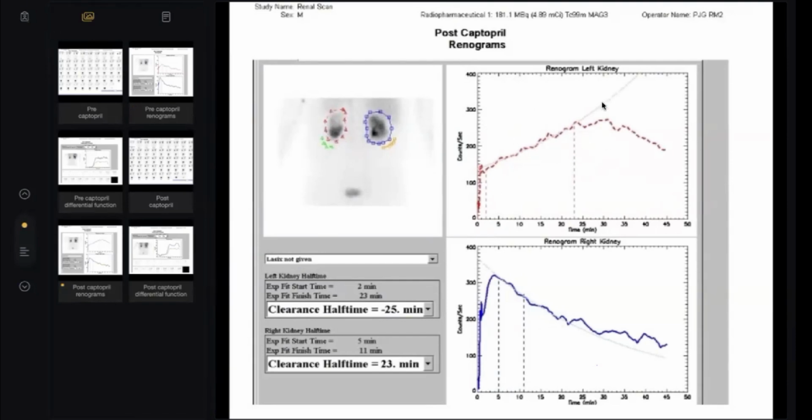Okay. So the captopril proves its positivity when we give captopril, 1 hour after the patient has been injected by the tracer. After 1 hour, we give the captopril. Then is there an effect or no effect of the captopril in this kidney, doctor?